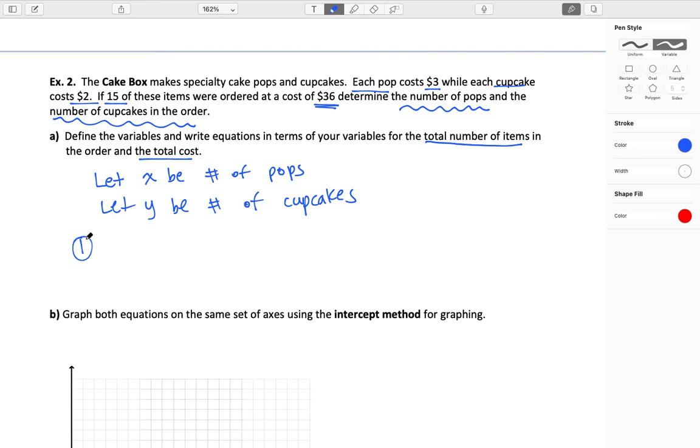For equation 1, based on the number of items, there are 15 of them. So we could say X plus Y equals 15. And based on the total cost, the pops are going to cost $3, so 3X plus, and the cupcake is $2, so it's going to be 2Y equals, in total, 36. So that's my second equation.